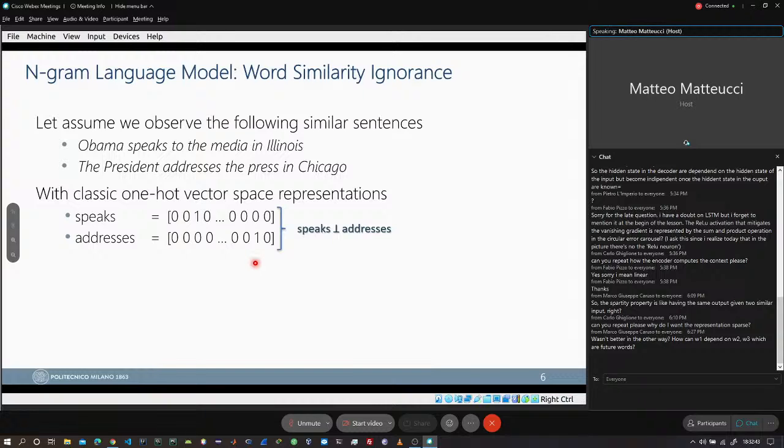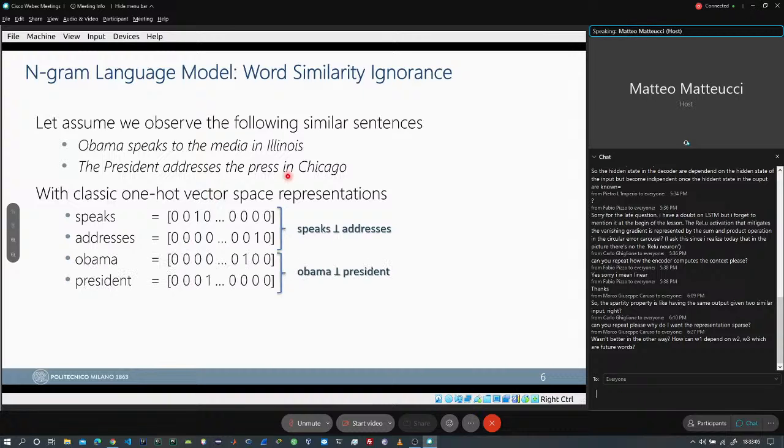When you compare the word speak with the word address, they are orthogonal, because they have no bit in common in the one-hot encoding. The same happens for Obama and president. I keep Obama; I haven't decided yet which is the next president in the US right now, so let's keep Obama.